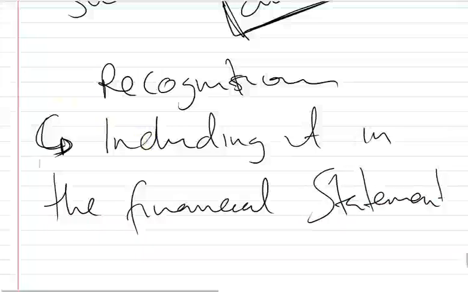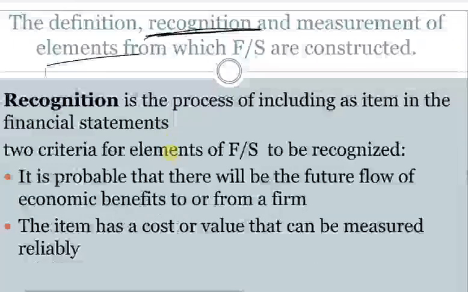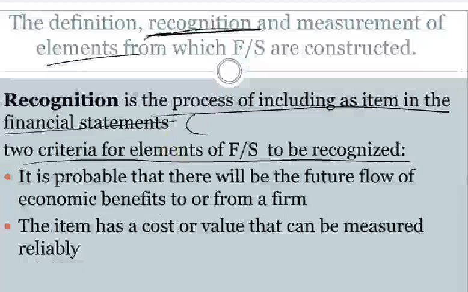If we have included something in the financial statements, that means we have recognized it. So the definition is the process of including an item in the financial statements. That's recognition. So let us talk about the two criteria of recognizing elements in the financial statements.